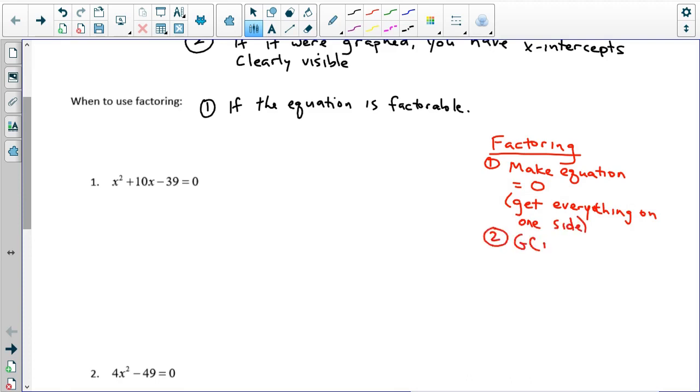Then we usually want to look for the GCF, if there is one. In most problems on this worksheet, there isn't, but you always want to look for the GCF because that'll help you. And then after that, you want to usually use double parentheses.